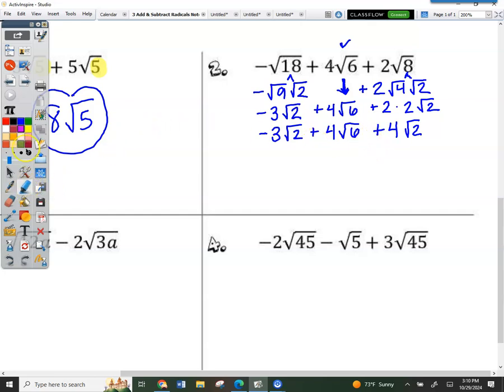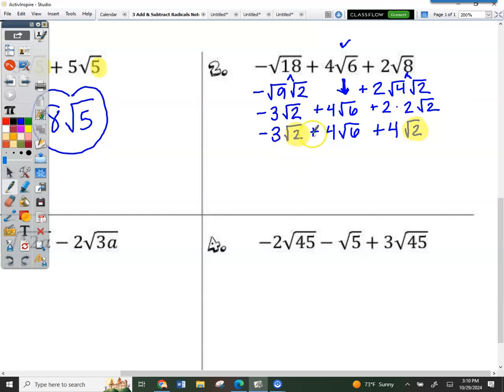Now, which ones can be combined, y'all? The fours are outside the root. What's inside? 2 and 2. So root 2, root 2. Those are like terms, so we can combine this. Now, how you write it is up to you.